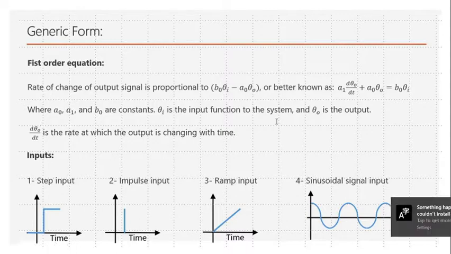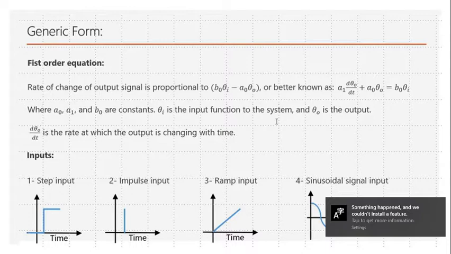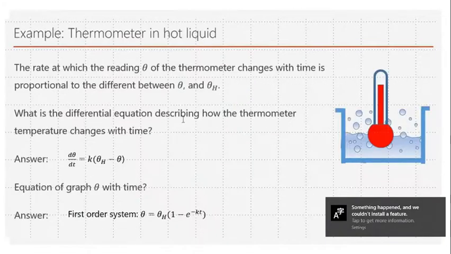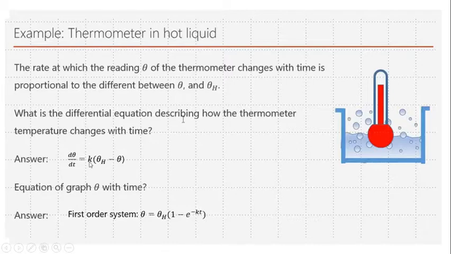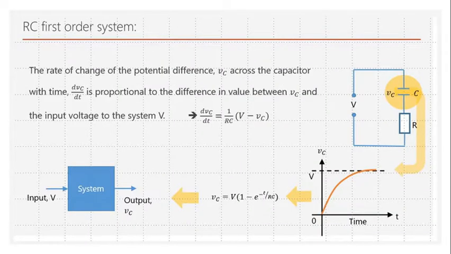I am going to say that the rate of change of the output signal is proportional to this change. And another way of looking at it would be from a derivative point of view. So again, if I go back here, if I want to multiply k in, and then have an equation in a way that my theta is on one side, it will be d theta with respect to time plus theta is equal to k theta h. So the same applies here: if I have dVc over dt plus Vc over RC is equal to V over RC.